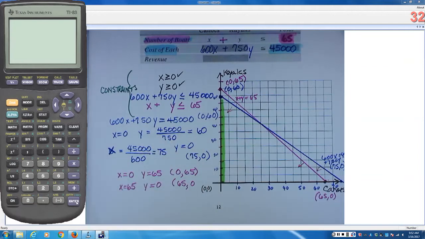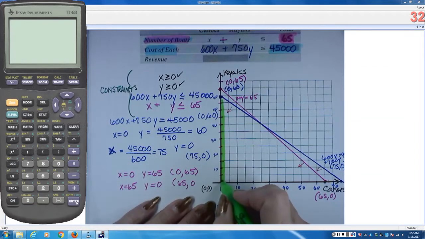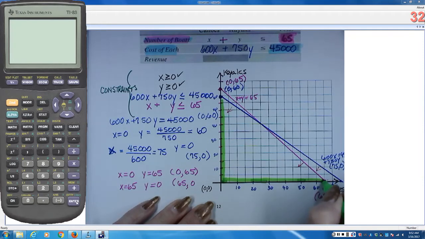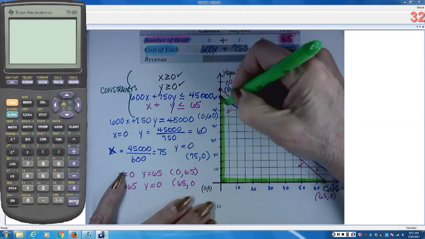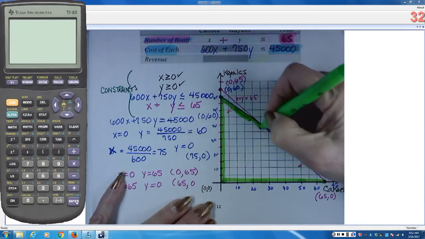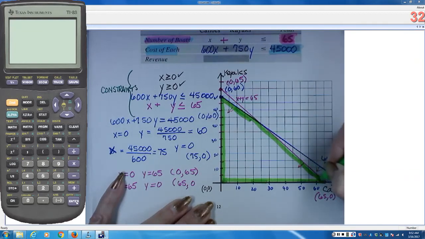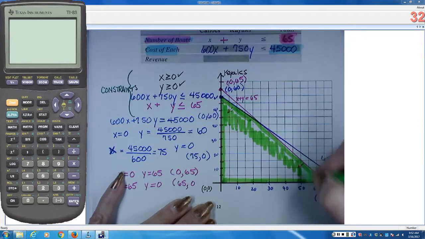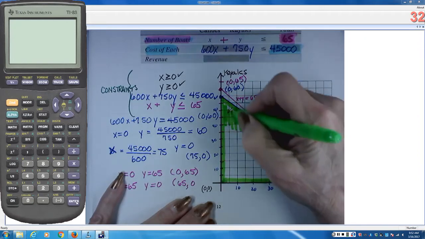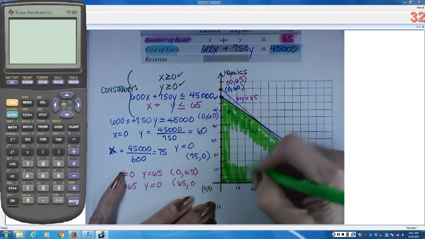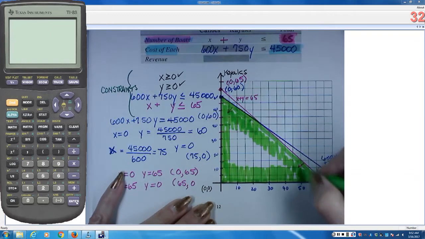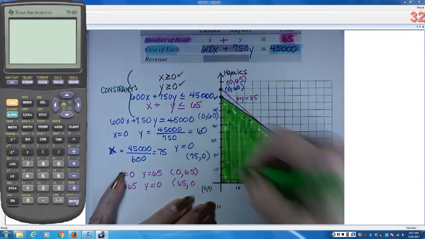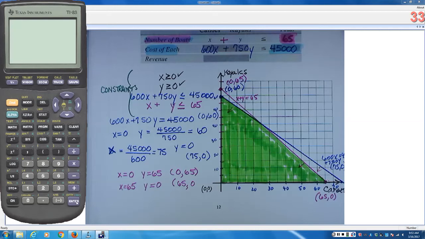I'm actually shading below both lines. Try to think of it as above and below. So there's my feasible region.